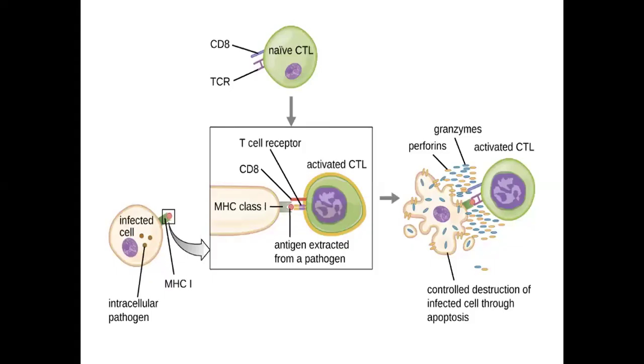So the process of activation of the CTL, the T killer, starts with the activation of the T helper. After activation, the T helper sends a signal to the cytotoxic lymphocyte, the T killer, and they start to recognize the MHC1 receptor of the antigen presenting cell.